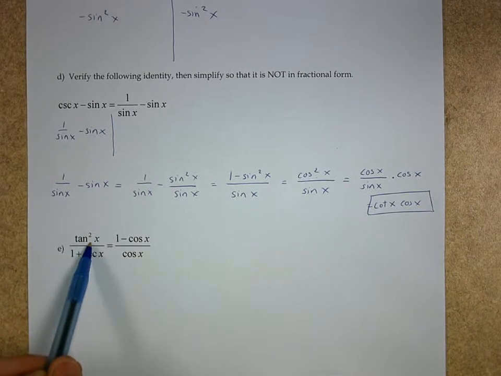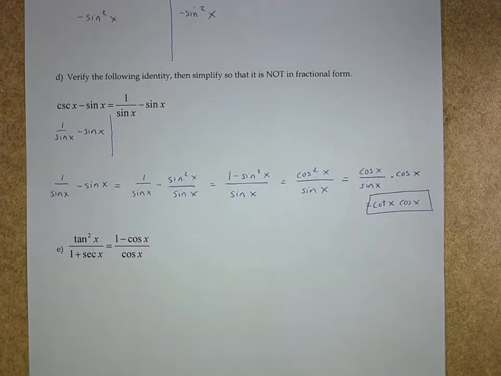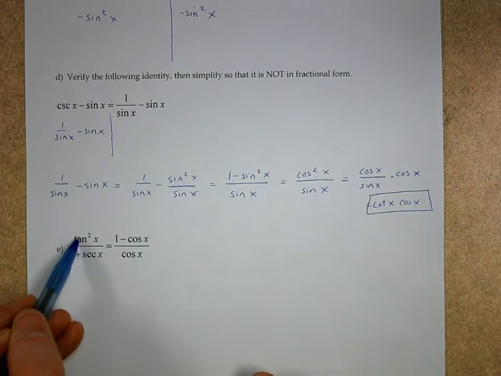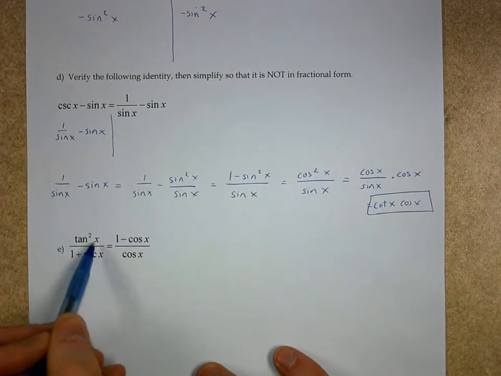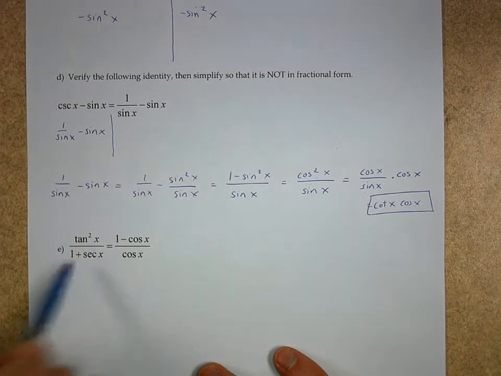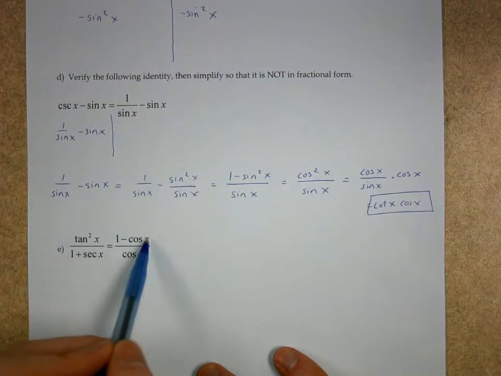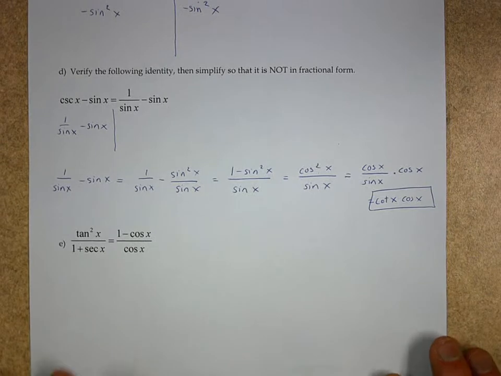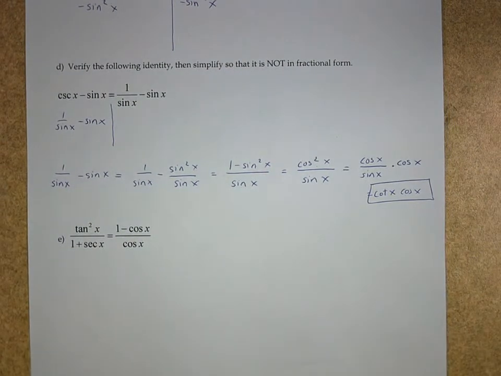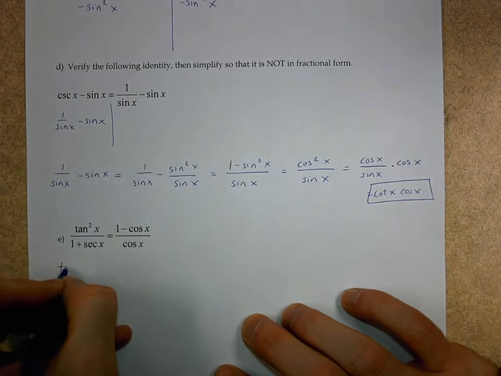We've got a quantity squared, or you could look at tangent as being sine over cosine. So all that put together makes the squared more complex. So this left-hand side with the squared and the expression being added is more complex than just the expression being subtracted in a single cosine. So let's work with the left-hand side, and we are going to simplify it down to the right-hand side.